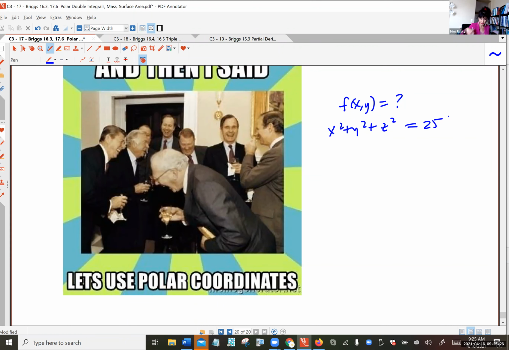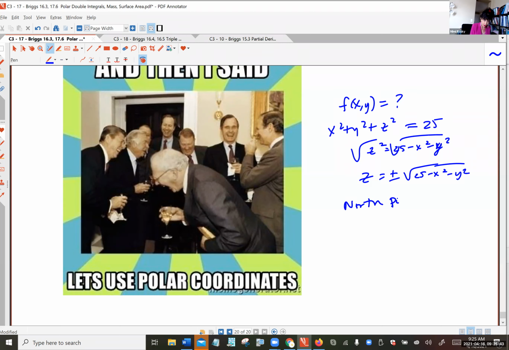So which one do we use, the plus or the minus? Well, since we'll just use the North Pole only, we'll worry about the positive, and that just gives you the upper hemisphere of that sphere. So I'm going to rewrite this using exponents because we got to go find the partial derivatives of this guy, because this is our f that we use in the definition.